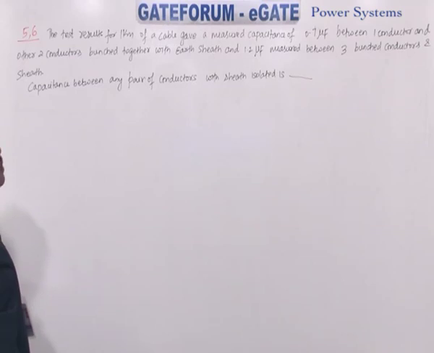So how to calculate? 0.7 microfarads between one conductor and other two conductors bunched together with earth sheath, the condition 4.